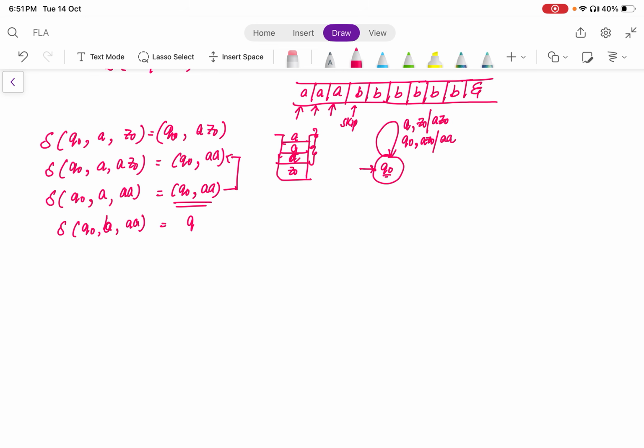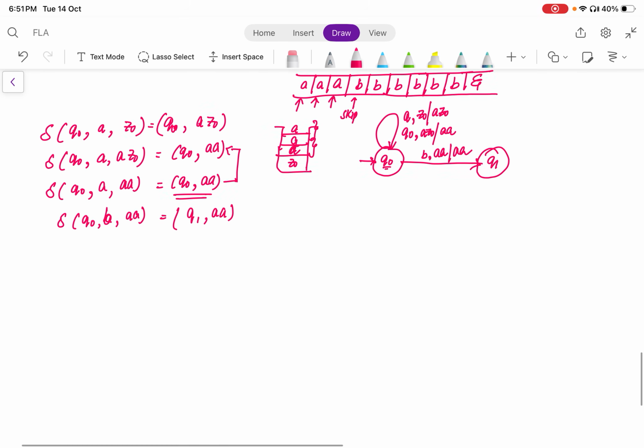So change the state, comma, your stack state is still the same. So Q1, you have changed the state to Q1. Your input is b. Before adding the input, it is a a. After adding the input, also a a.